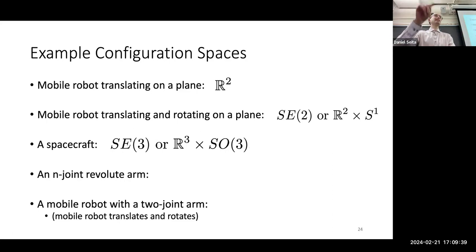Typically, it's the set of all possible rotation matrices, which specify the complete orientation in 3D space. The bigger point here is we could have replaced spacecraft with basically any rigid object operating in 3D space. The point is not to be concerned about a spacecraft, but an object in 3D space that's rigid.